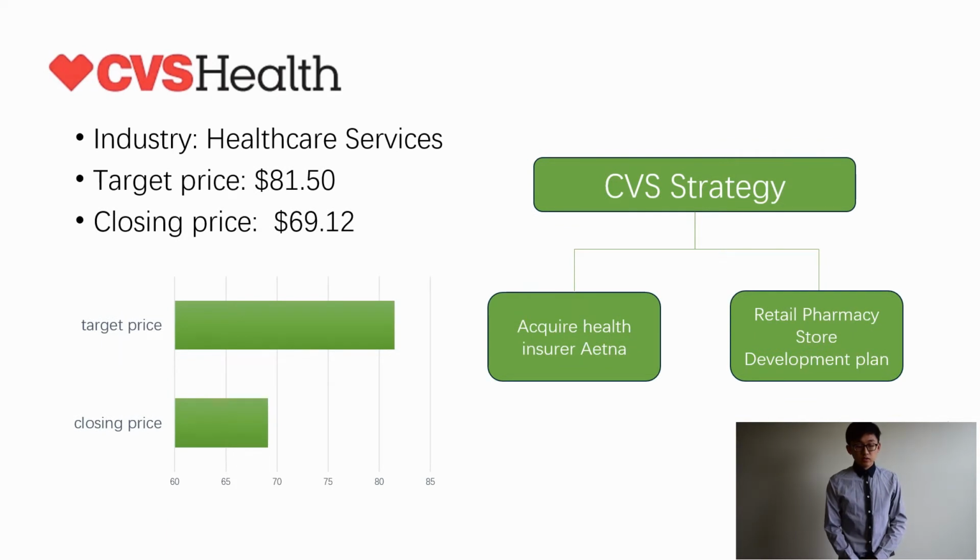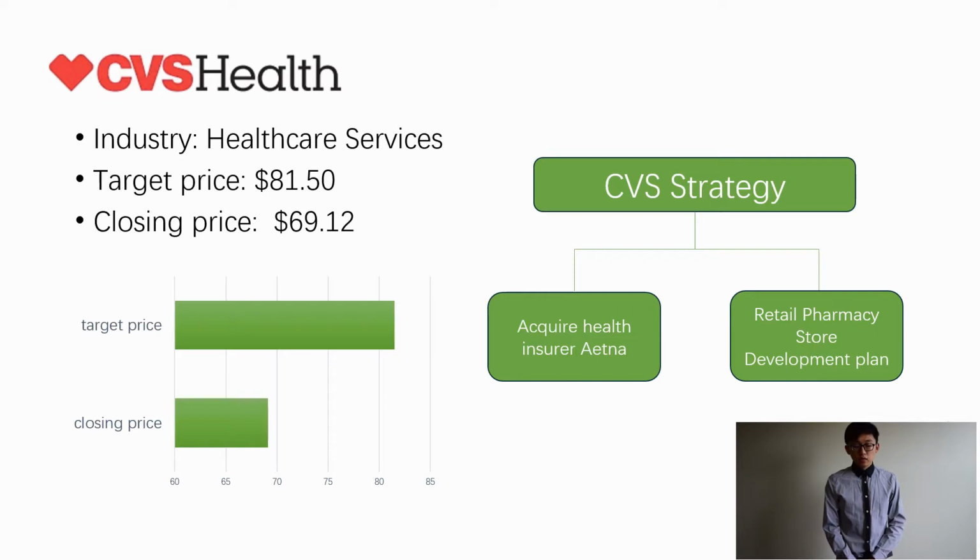First, CVS Health is in the healthcare service industry, and after our evaluation, we set our target price to 85.50, and the recent closing price is 69.12. To talk about the CVS strategy, in 2017, CVS decided to acquire the health insurer Aetna, which allows it to gain more leverage in bargaining on drug prices.